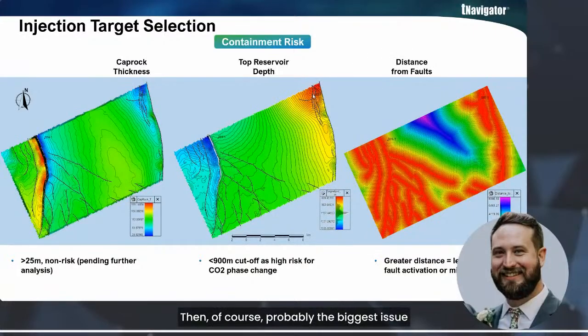And then, of course, probably the biggest issue in this area is distance from faults. In reality, you could probably just use the distance-from-fault maps to consider where you want to inject. But for the purposes of this project, we'll continue forward just to see the whole process work through. You can see this area between the wells is probably our best area to inject.